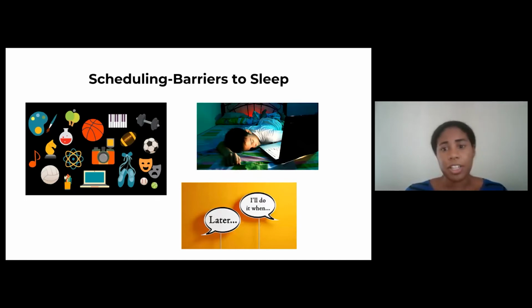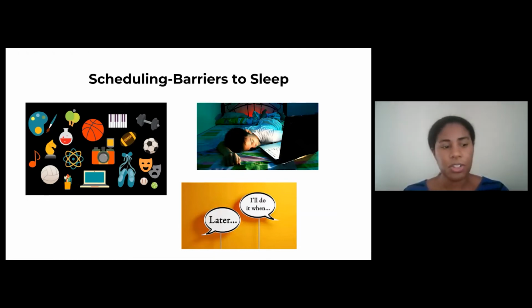And then another thing, we touched on this before, is the issue with extracurricular activities and homework. There may be a lot of scheduling barriers to sleep to overcome, and so it's important to address these.